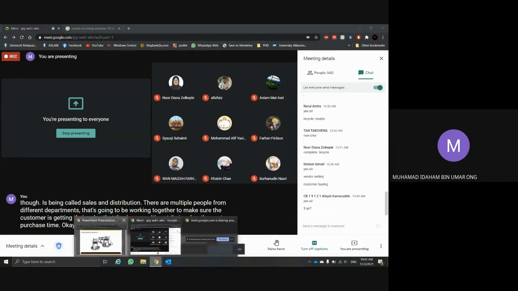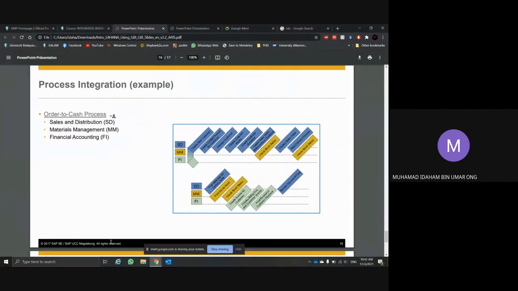Okay. Now, if you look at here, their minimum is 3. Currently here doesn't really mention warehouse. There is something on SD, MM, and finance: sales and distribution, material management, and also financial accounting. So 3 different departments that are going to be involved with order to cash process.